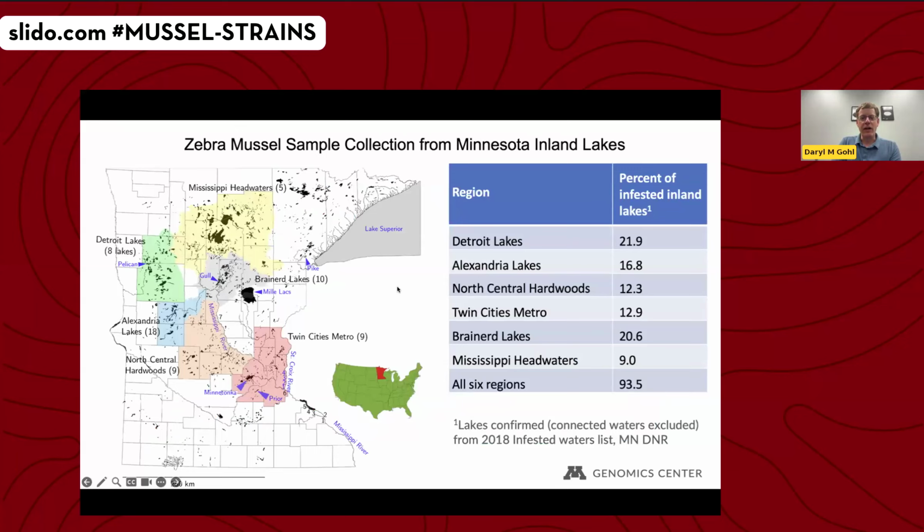The samples collected for this study come from a variety of lake-rich regions throughout the state. These are somewhat arbitrarily demarcated here with geographical identifiers that I think most people in Minnesota would find fairly intuitive, into these colored lake-rich regions.